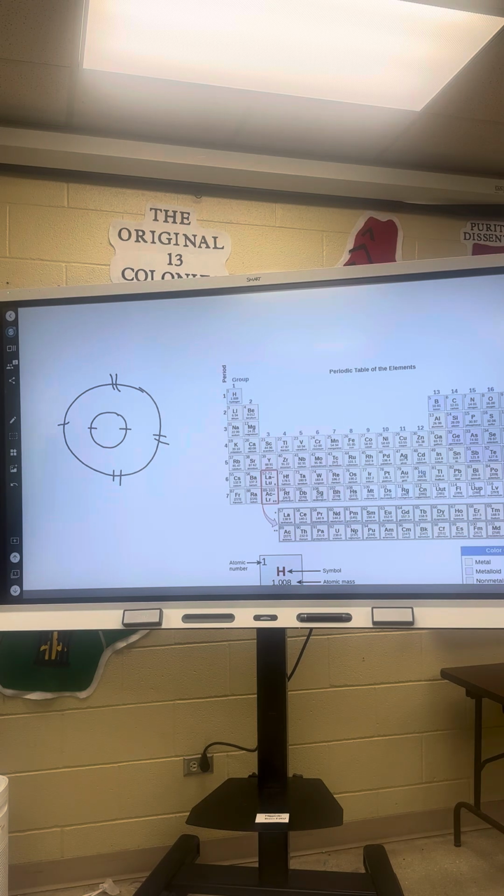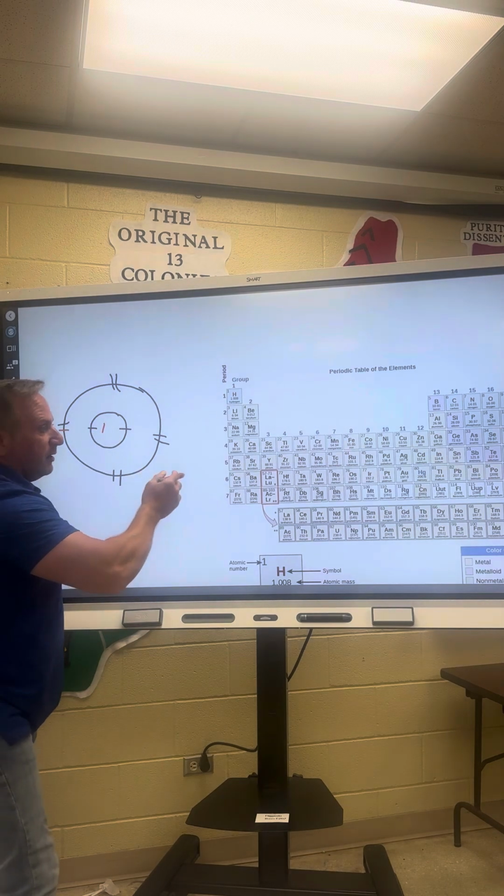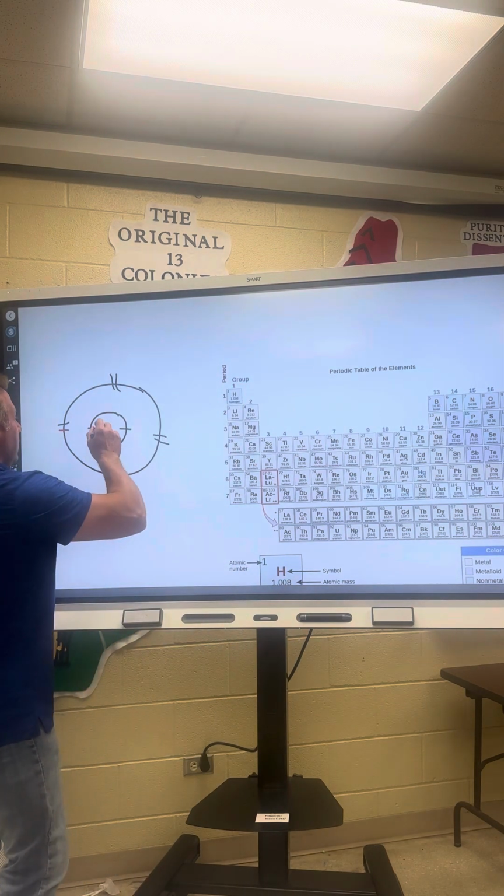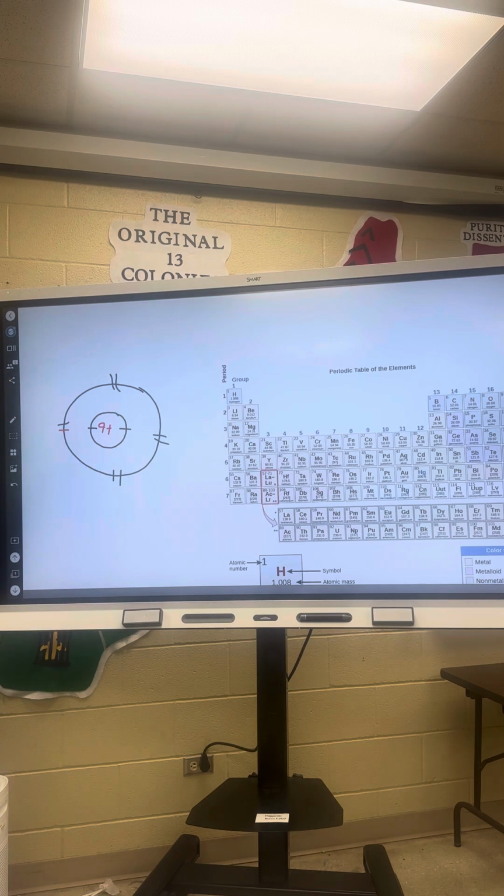Zeff of a 7, high electronegativity. What is electronegativity? The ability to pull in another electron right there. It has a strong ability to pull that electron in. It has 9 protons in the center. Just had to double check for some reason. 9 protons in the center, Zeff of a 7, pulling it in.